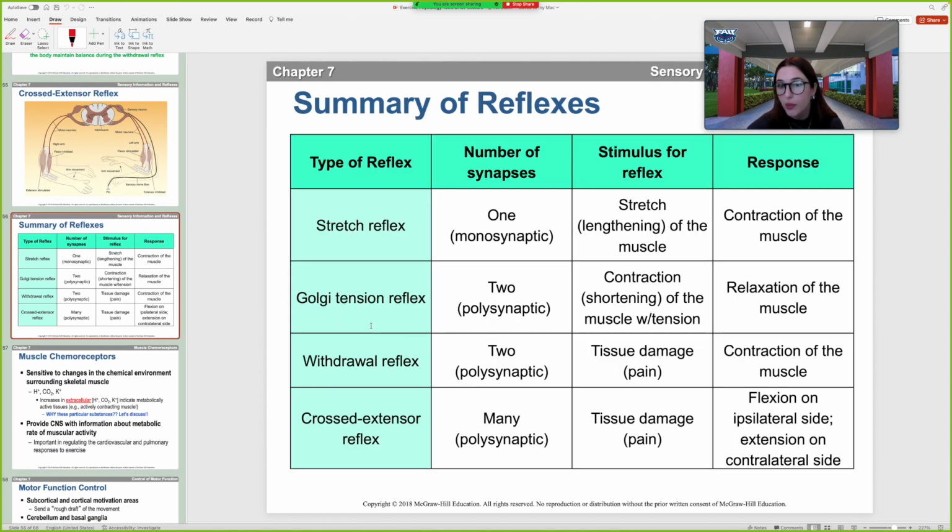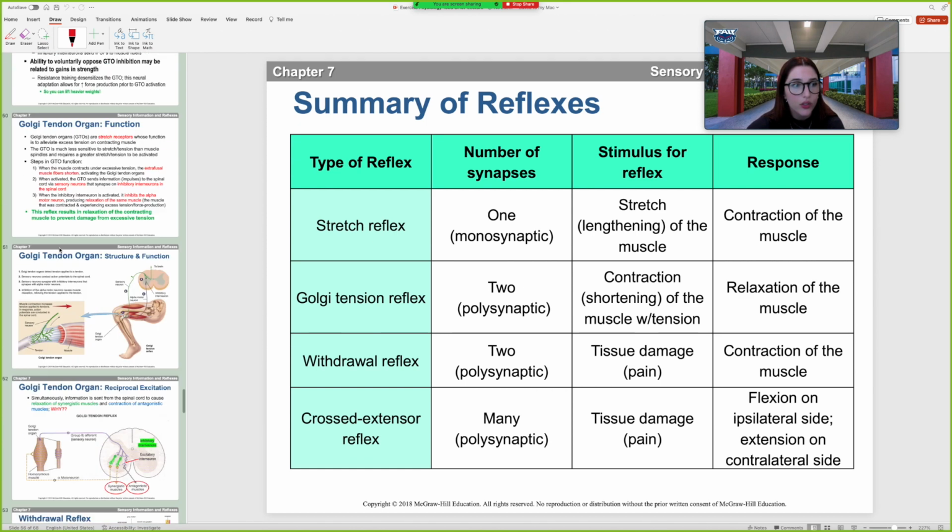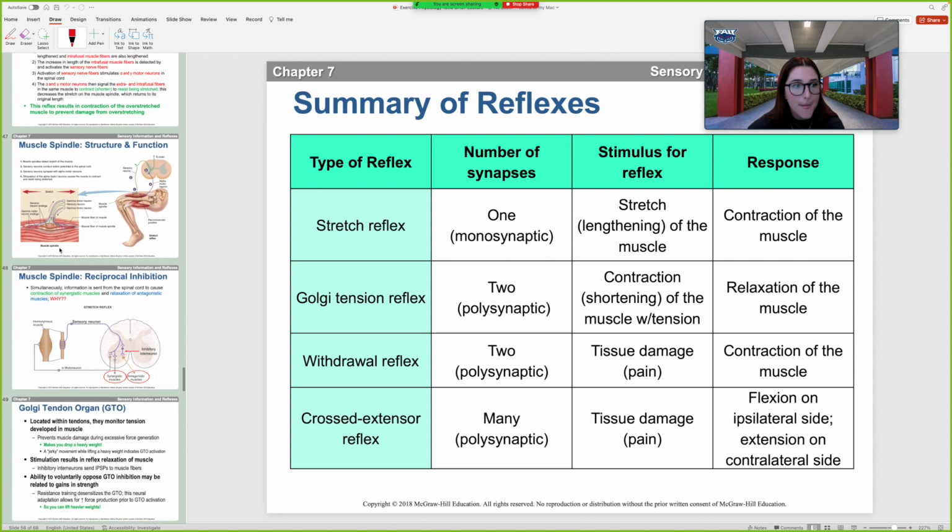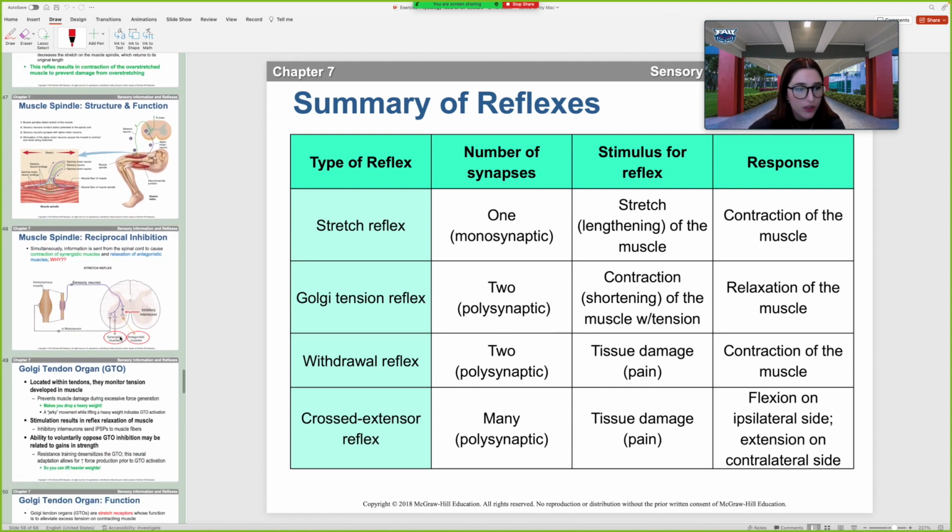Here is a summary of the reflexes, okay? You can read through this. You don't need me to read through all of this to you, but one thing that you can note is the number of synapses. There's a lot of interneurons at play. That's what this is talking about. The stretch reflex, where's the stretch reflex?